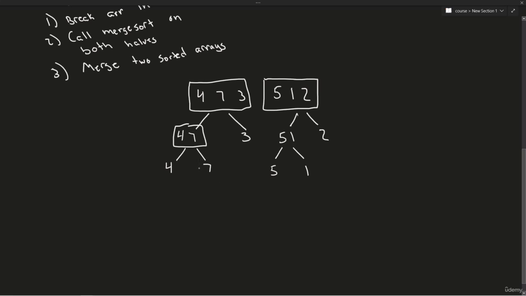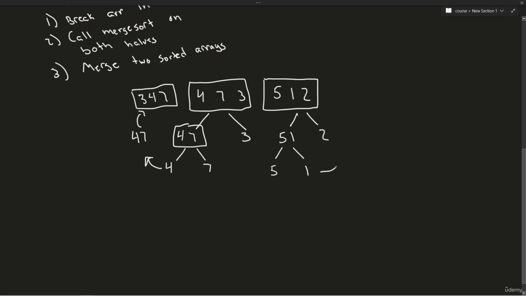So down here we know that 4 and 7, so as we unwind, our sorted array here is going to be 4 and 7. And now we're at the level where we have the 3, so we're going to merge the 3 back in. So now we're going to have 3, 4, and 7, and that's going to be our final array there.